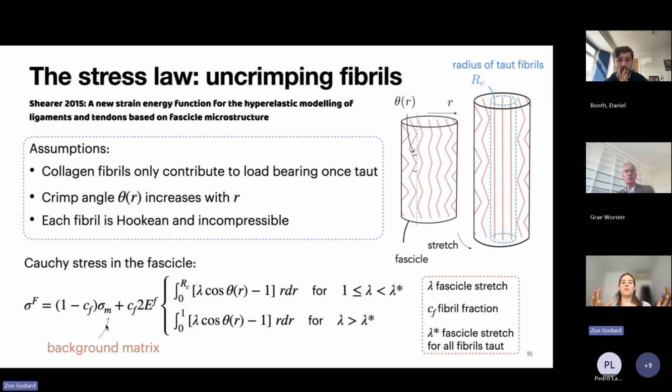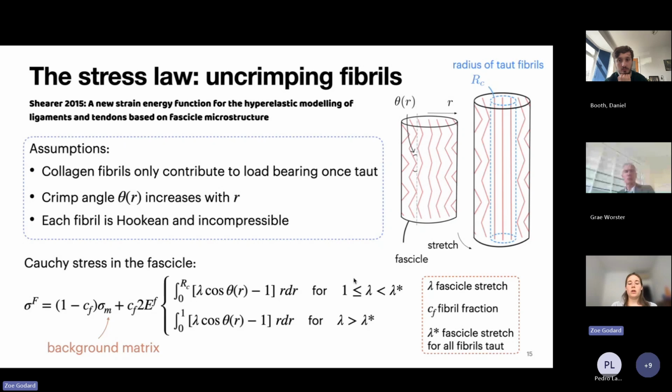So he assumes that the fascicle is made up of only fibrils and then a background matrix, which is assumed to be neo-Hookean. And so what you're getting is this contribution of the fibrils, which is an integration up to that radius of taut fibrils, or up to 1 once you're past the critical stretch lambda star, where all the fibrils are taut. And then lambda is the fascicle stretch, or I guess the tendon stretch.